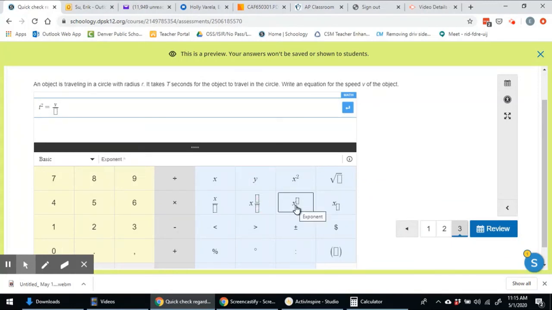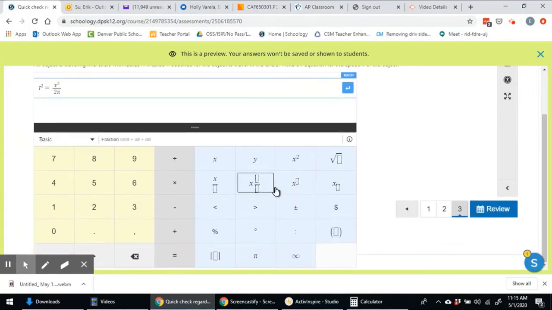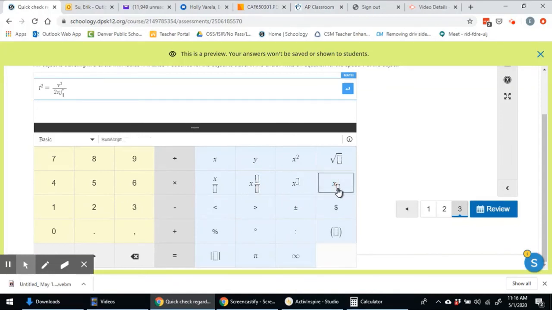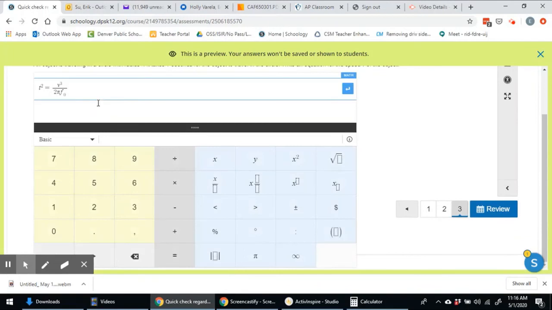So I'm going to do this exponent thing with the cubed. And the denominator, I might say like 2 pi times, I don't know, f naught. So I'm using the subscript thing, f naught right there. And so here I have this equation, t squared is equal to v cubed over 2 pi f naught, or something like that, right?